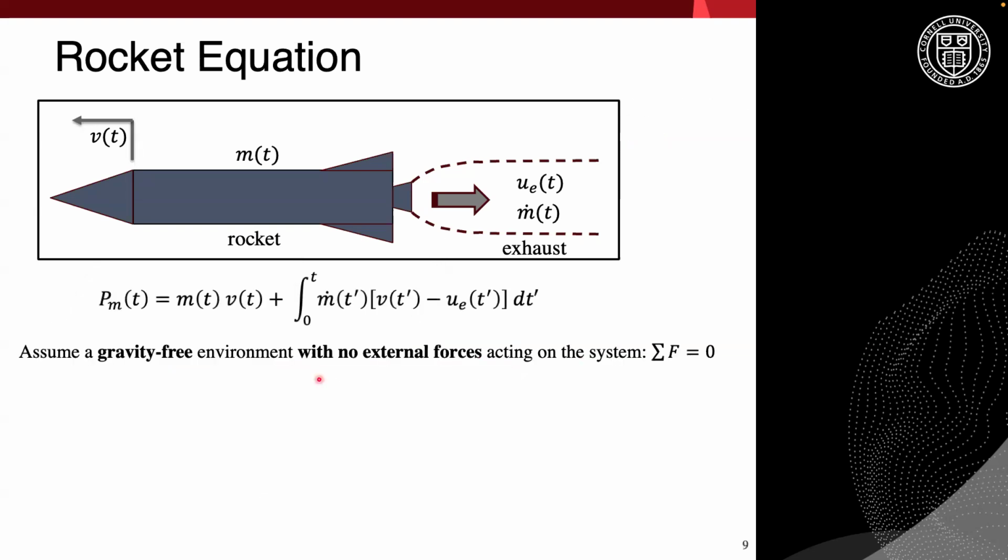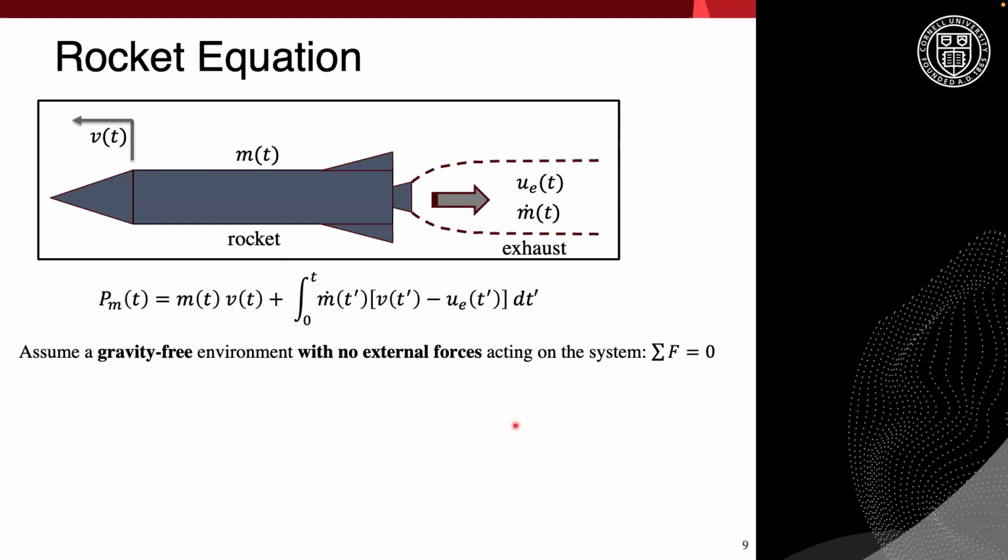Then we will assume a gravity-free environment with no external forces acting on the system. So we will assume that the sum of the forces is equal to 0. And this is not the actual case in a real rocket. So in reality, we have gravity that is pulling the rocket downward toward the Earth, and we also have the air drag if we are flying in the atmosphere, and there's also the lift.